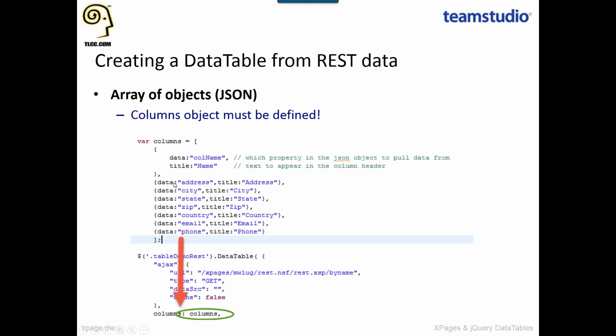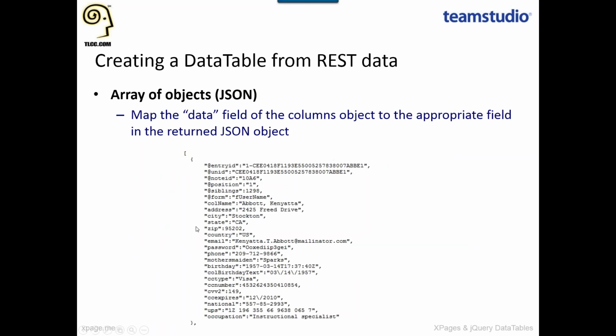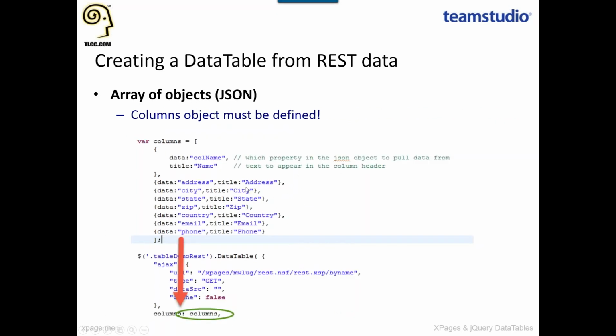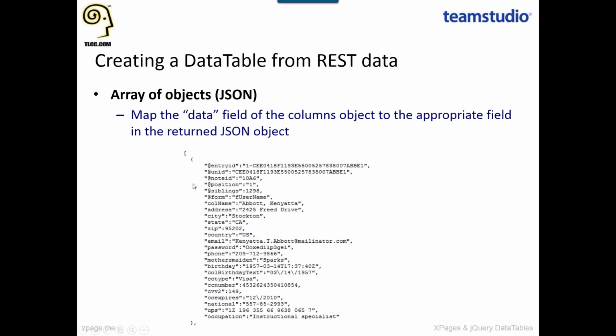In the data element, we're now pointing to an incoming field of the REST data. So in this case, order is not going to matter at all. And here's an example of the data that might be coming in from a REST service. Here we're saying in the address column, get the data from the address field.